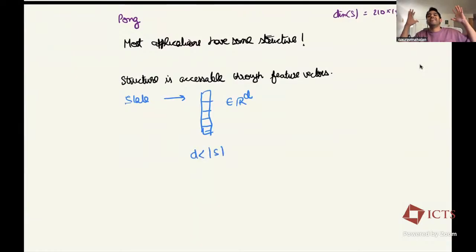So the state is not being encoded as just first state is first box 1 and everything else 0, second state is second box 1 and everything else 0. It's not this computational basis. It's using features which encode some kind of properties of the state.